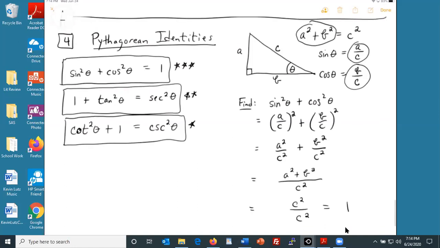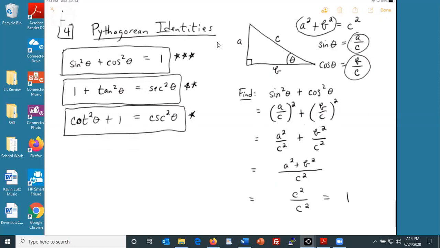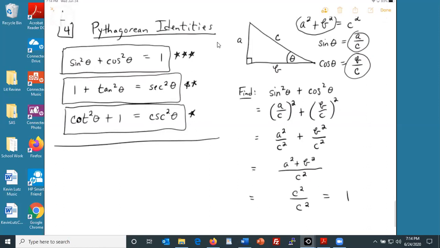Okay. So what we could do is maybe we'll use the triangle over here and just show that 1 plus tangent squared is the secant squared just by using the sides of the triangle. Let's do that. All right, so let's do that for a fun little exercise.